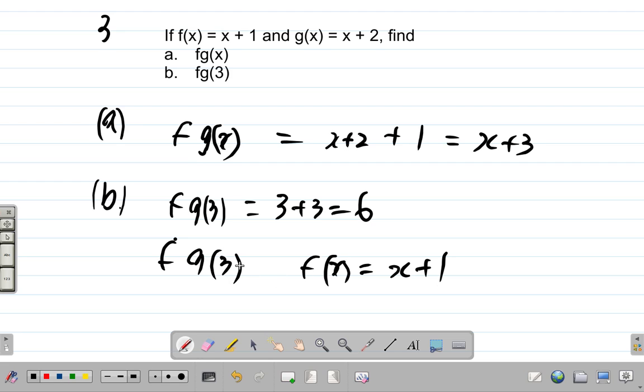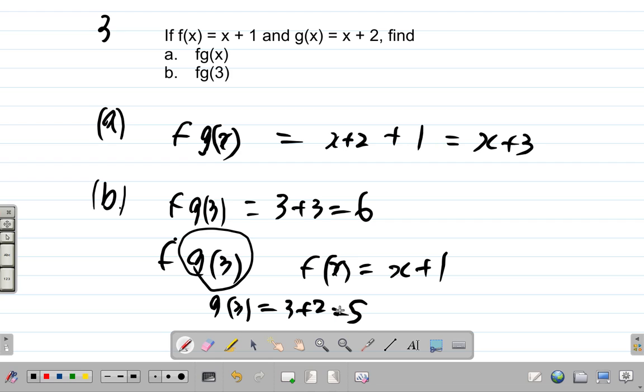But fg of 3, if you find g of 3 and put that in f, it's the same as finding fg of 3. So let's find this. What is g of 3? Well, g of x is x plus 2, so g of 3 is 3 plus 2, which is 5. That's g of 3.